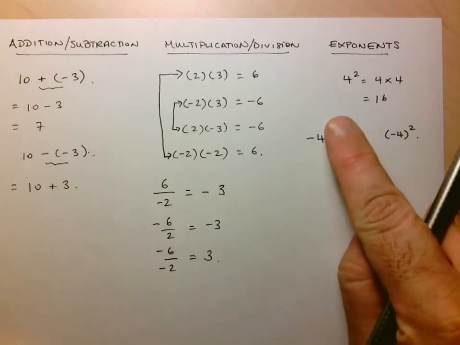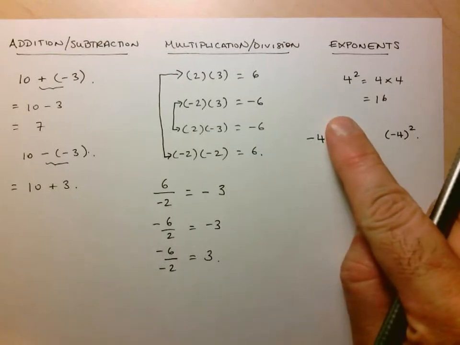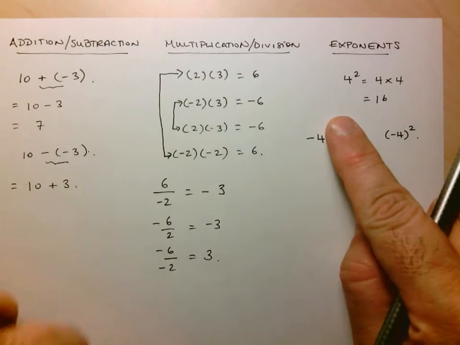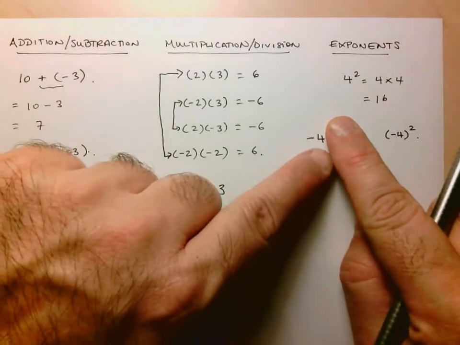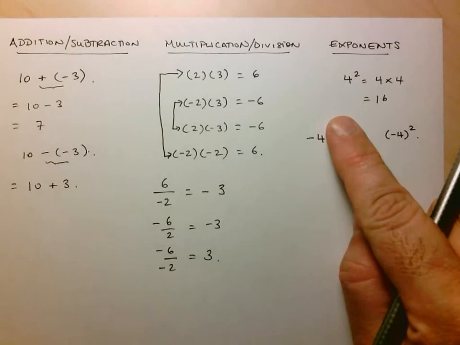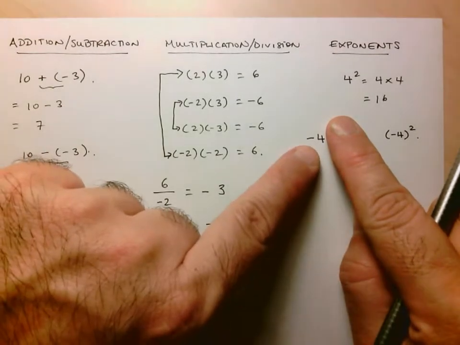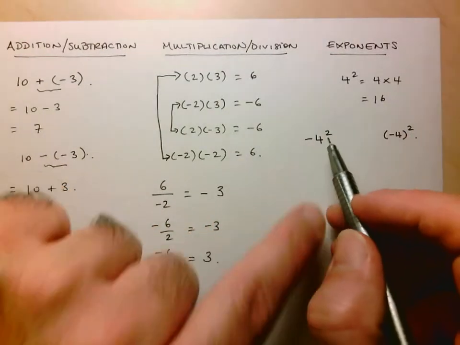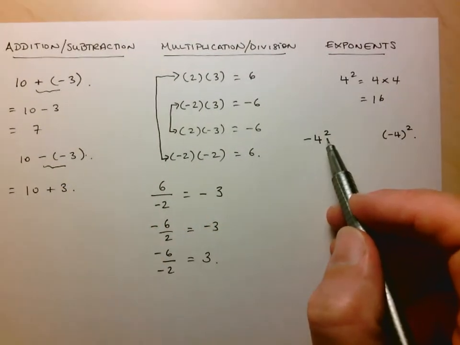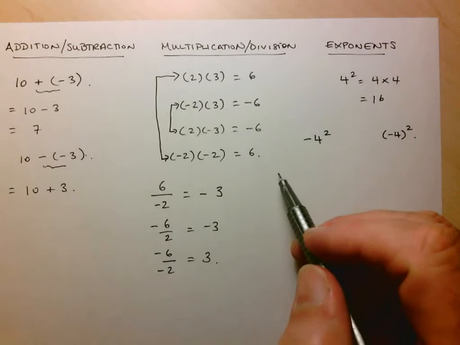When you have a negative in front of a number, you can think of it as a multiplication. It's like having negative 1 times 4, which gives you negative 4. So this negative in front is treated as a multiplication. But here, exponents have a higher priority than multiplication.